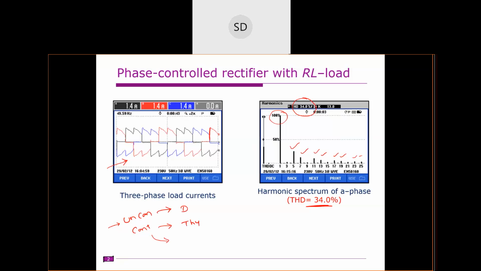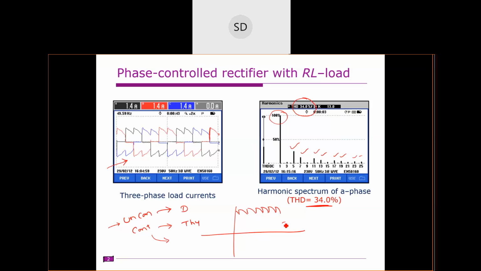This is one drawback. Moreover, on the output side, you know how the output will look, something like this, in the case of a three-phase rectifier.